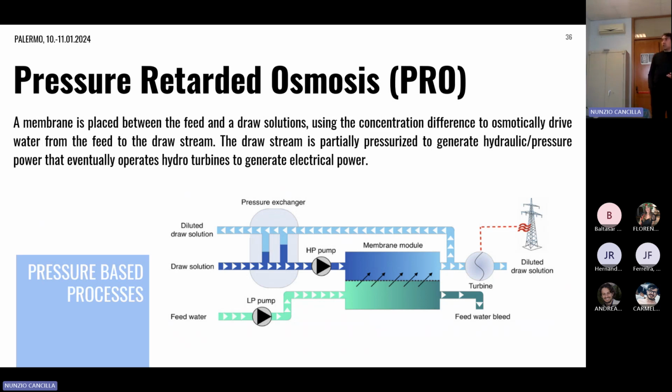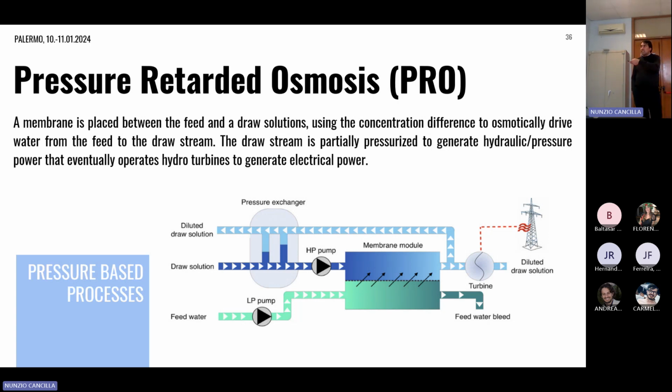it's another option. Of course, you do not have a direct conversion of the salinity gradient into electrical energy, but rather you have an increase of pressure, or let's say you have a pressurized stream that then can go to a turbine, and then there is a mechanical transformation from pressure energy into mechanical energy, and subsequently into electricity.